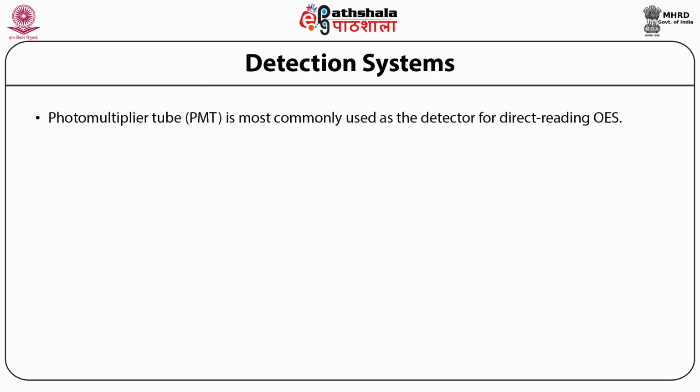The photomultiplier tube is the most common type of detection system used in atomic absorption spectrometers. It is also the photomultiplier tube which is commonly used as a detector in spark arc optical emission spectrometry. This system has the limitation of being single channel and bulky.